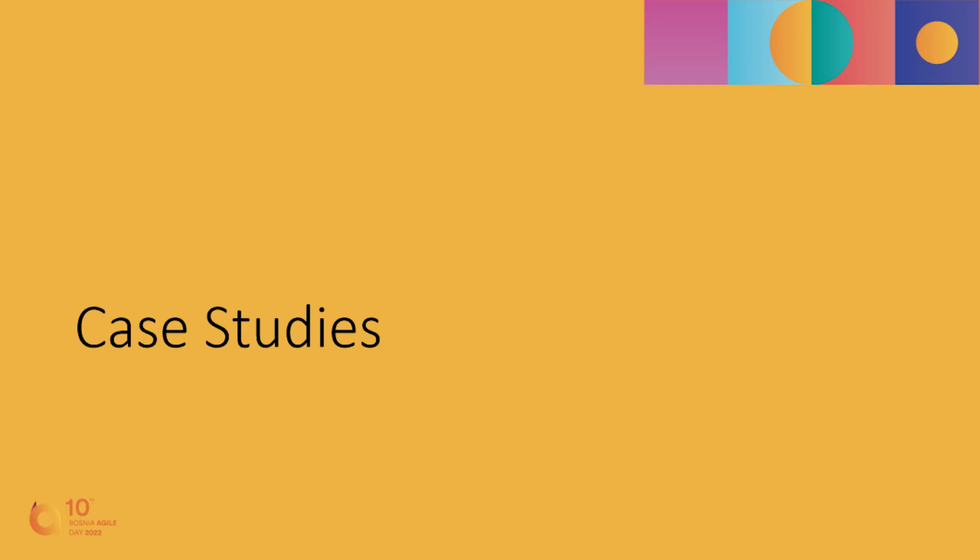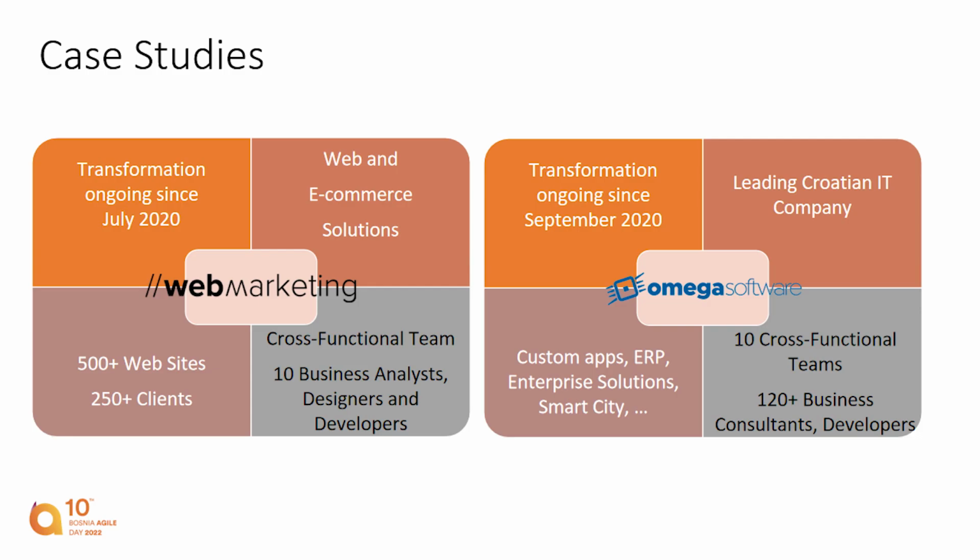Okay, case studies. So we have 2 case studies of 2 widely different organizations, and it turned out that they are rather similar, and you will see how. One is a web agency. Both are from Zagreb, Croatia. The web agency, Web Marketing, is about 10 people, just one Scrum team.